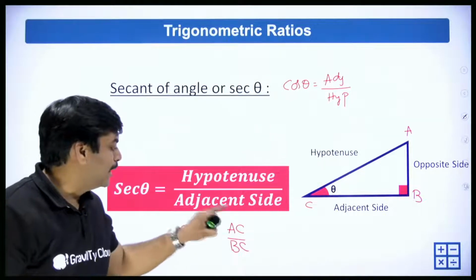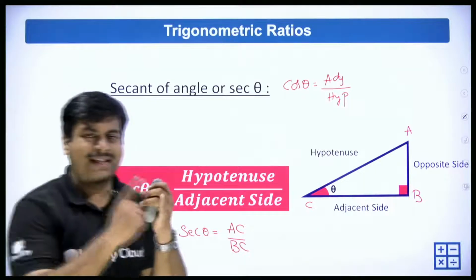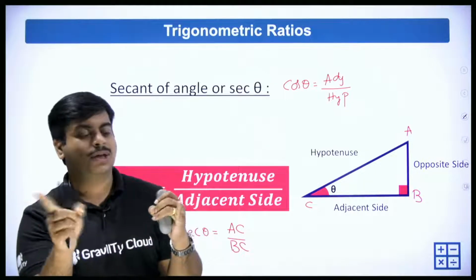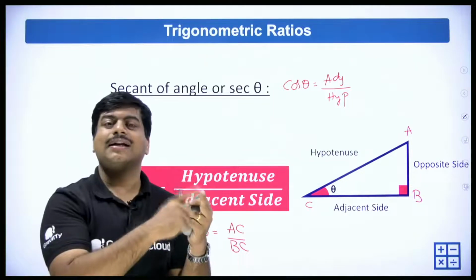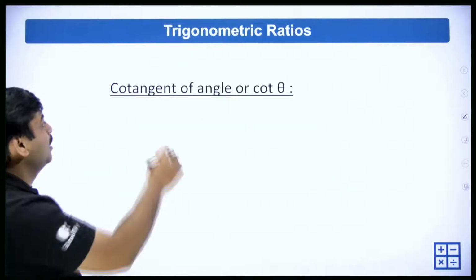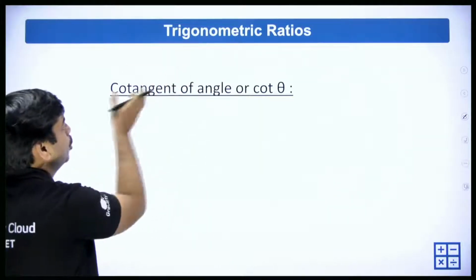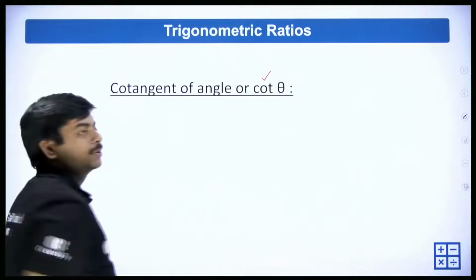Secant theta is equal to AC by BC, correct? We discussed sine, the reciprocal is cosecant. Cos, the reciprocal is secant. Tan, the reciprocal will be cot. Tangent's reciprocal is cotangent, or in short, we write it as cot.